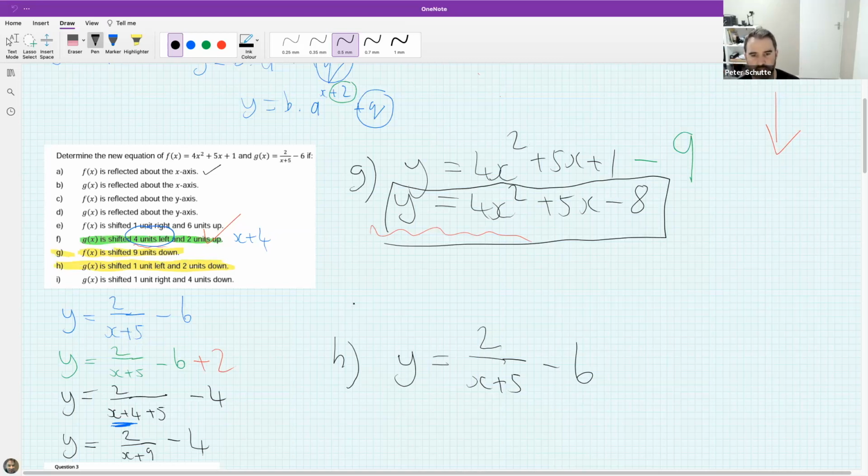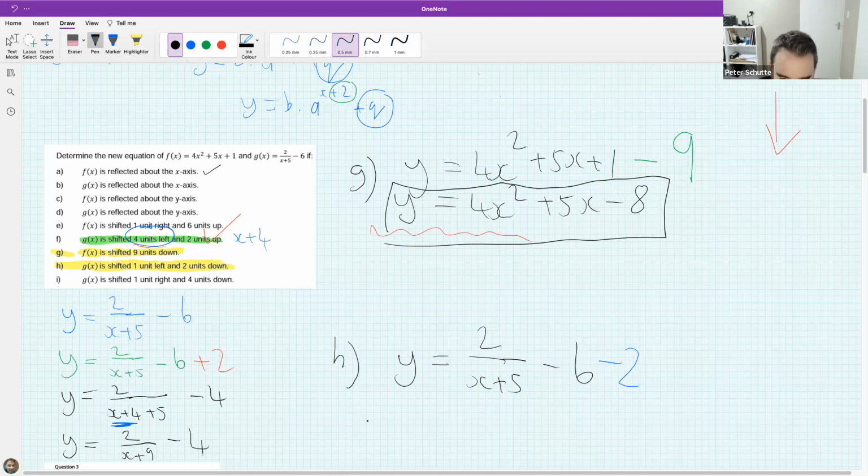So H, I'm given the graph, the hyperbola, and now I need to shift everything left by 1 and down by 2. What do we need to do for that? So 2 units down and 1 unit left, and we're referring to the g of x, which is the hyperbola. So I guess the easy part is the 2 units down would just be a -2 for the q value.